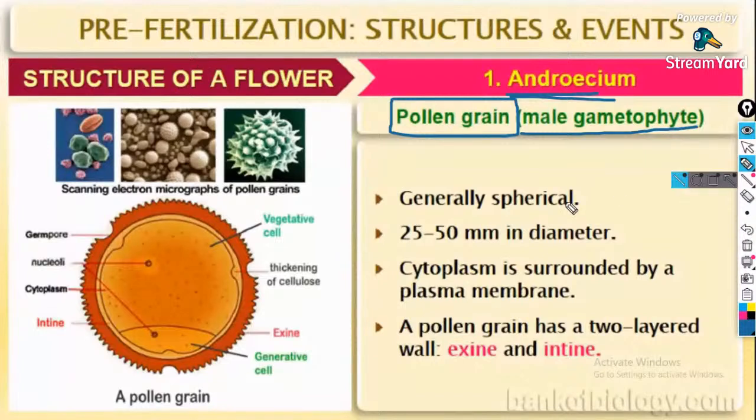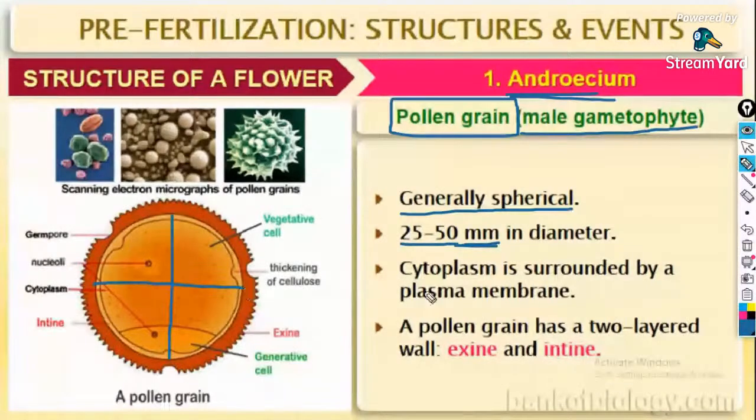So the pollen grain is the male gametophyte, which is generally spherical in structure. Pollen grains are generally spherical in shape. It is 25 to 50 millimeter in diameter. This is the diameter, you know.